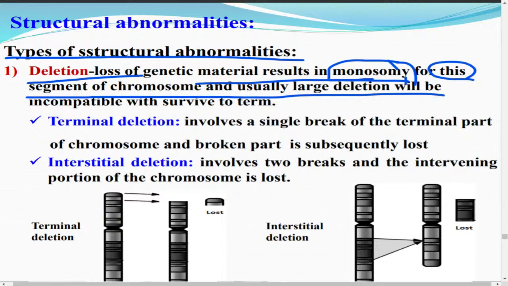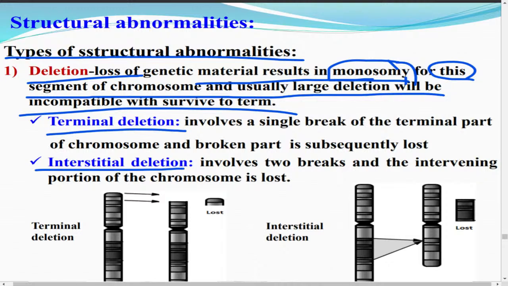Usually a large deletion will be incompatible with survival to term. Terminal deletion and interstitial deletion. Terminal deletion involves a single break of the terminal part of the chromosome, and the broken part is subsequently lost. This is the terminal one.